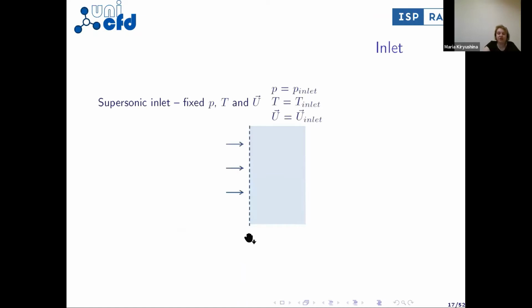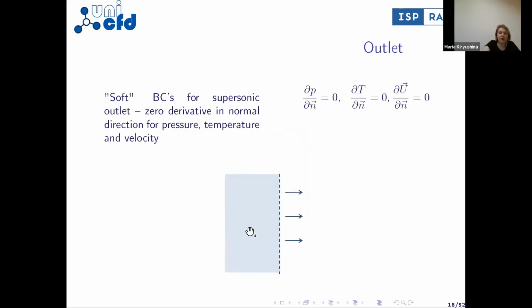Inlet boundary conditions for supersonic flow are fixed pressure, temperature, and velocity on inflow. For outlet, we set soft boundary conditions for supersonic outlet, zero derivative in normal direction for pressure, temperature, and velocity.